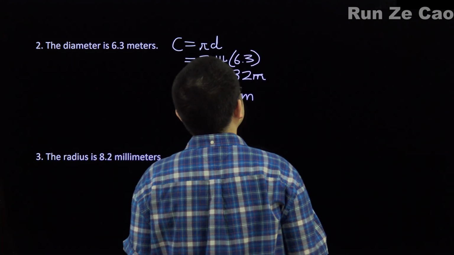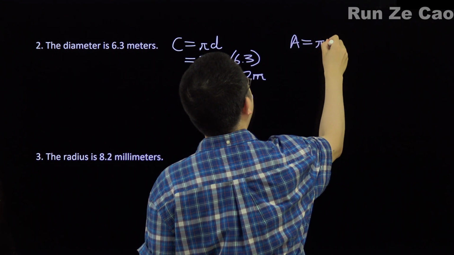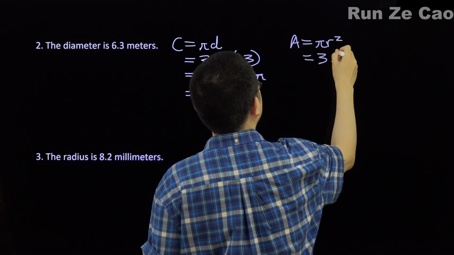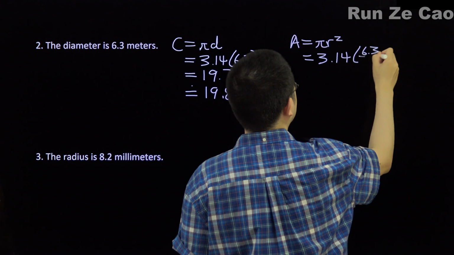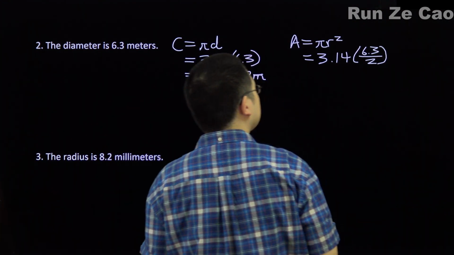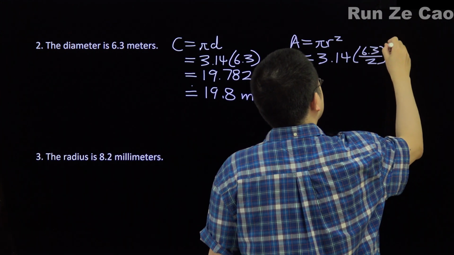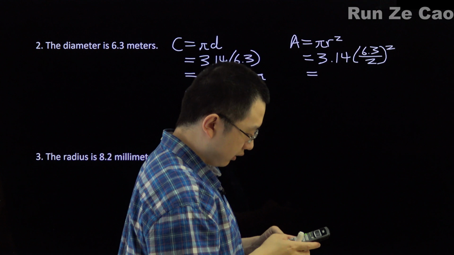What about the area? Well, we've got area equals pi r squared, which is going to be 3.14 times, we can write 6.3 over 2 because 6.3 is the diameter, and squared. So we put that into our calculator.